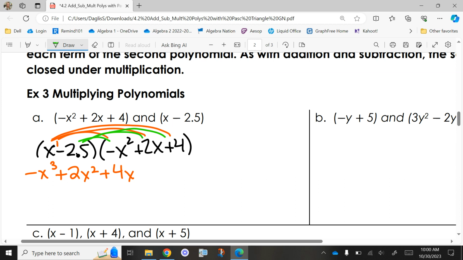Okay, so negative 2.5 times negative x squared gives me positive 2.5x squared. Negative 2.5 times 2x gives me negative 5x. Negative 2.5 times 4 gives me negative 10.